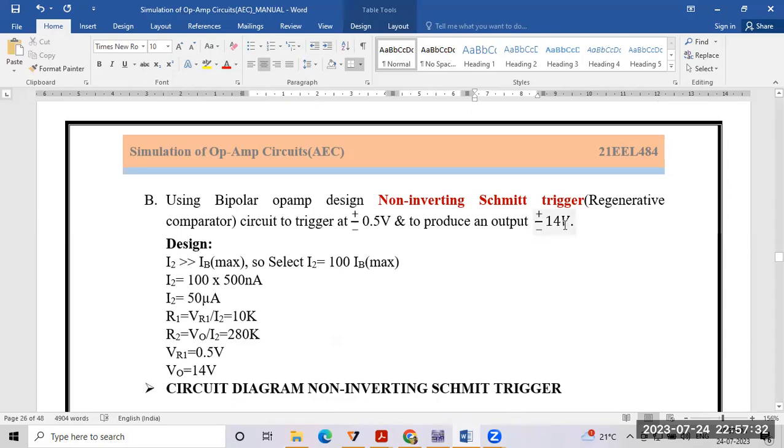V0 plus 1, that is 14 plus 1, is nothing but Vi, so Vi equals 15. Now I2 we know is 50 microampere. R1 equals VR1 divided by I2. VR1 is 0.5 UTP, 10 kilo. V0 is 14. 14 divided by I2 is nothing but 280.